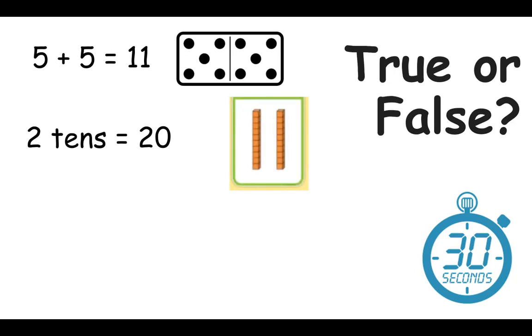So I have a picture of 2 rods from our base 10 blocks that I know equal 10 each. So if we count by tens, we can say this is 10 and this is 20. So do 2 tens equal 20? They do. This is true.